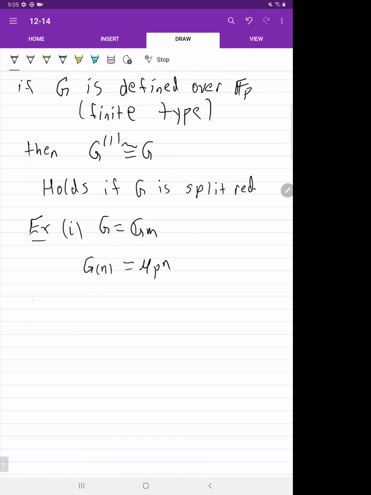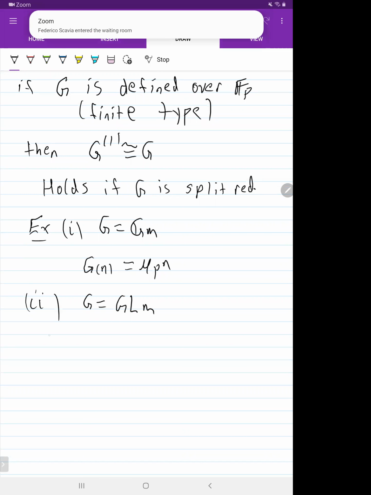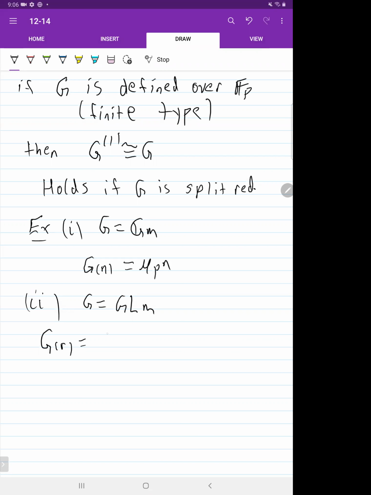If I take GLn, then I can describe the rth Frobenius kernel as the Spec of the coordinate ring of GLn mod x_ij^(p^r) = delta_ij.